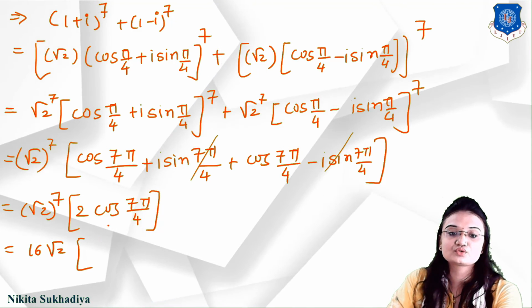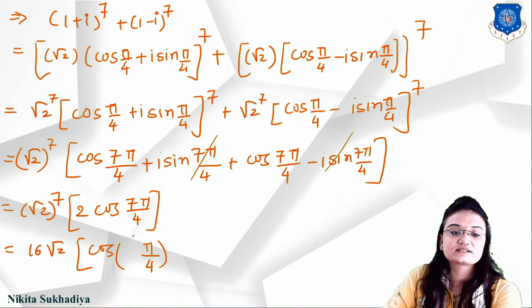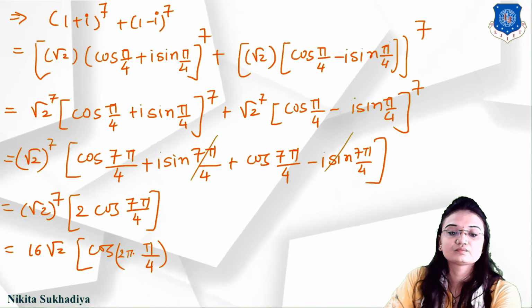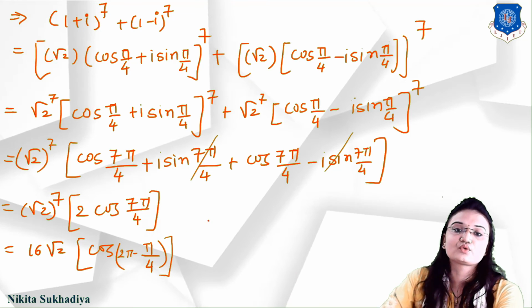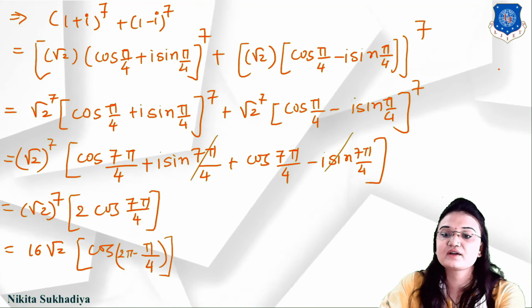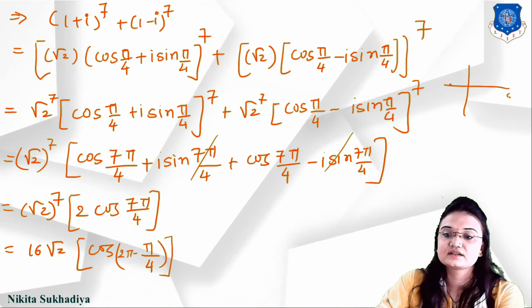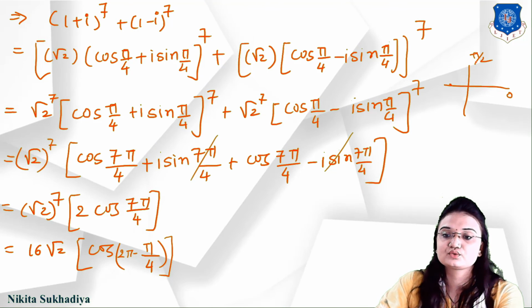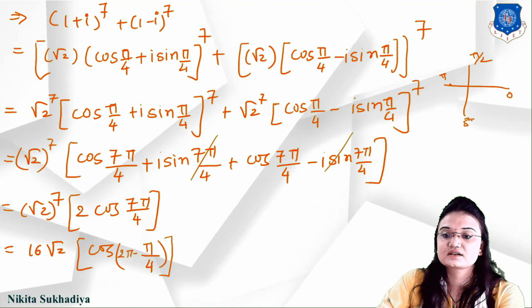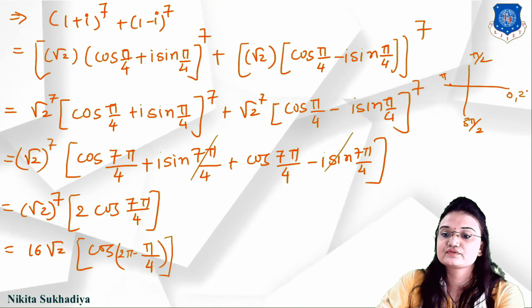So this is cos of 2 pi minus pi by 4. Okay, now for 2 pi minus pi by 4, we can easily understand here: this is 0, this is pi by 2, this is pi, and this is 3 pi by 2, and here also we have 2 pi.